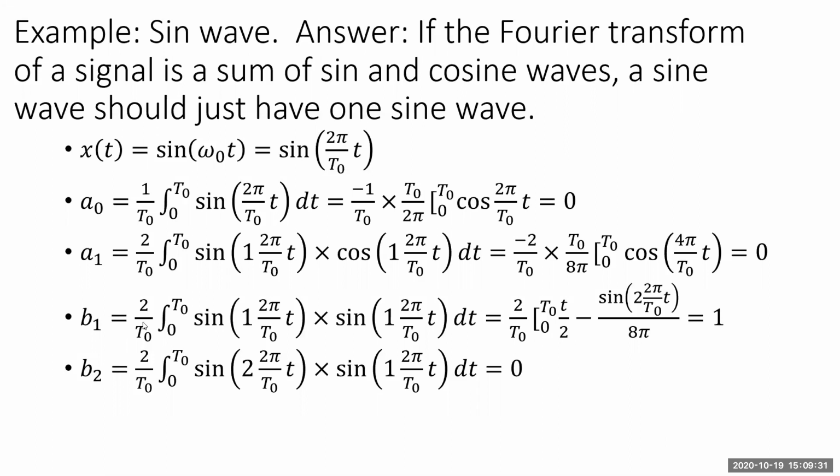But now look here. Something, a number, happens to be 2, divided by the period, integrating over the period, and then we have a function times a function, turns out to be the same. So really that's like x squared.